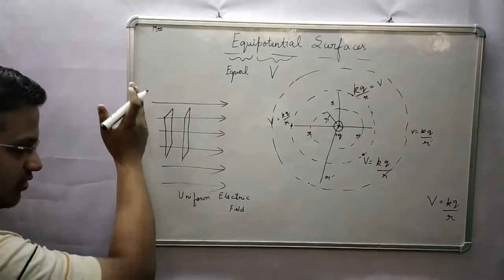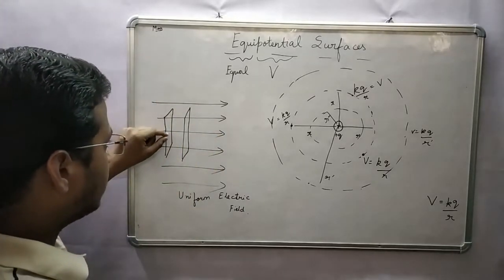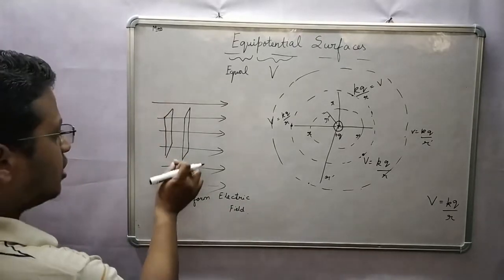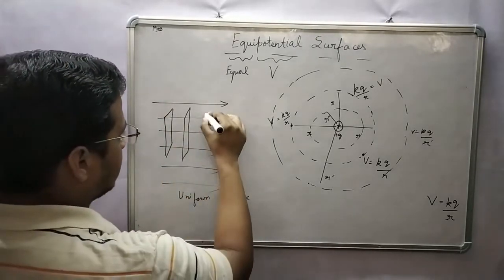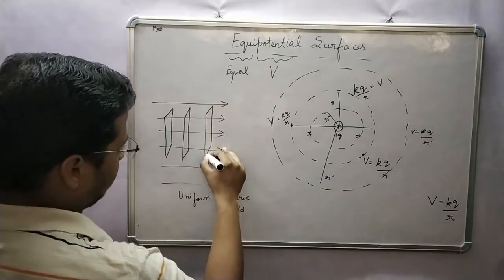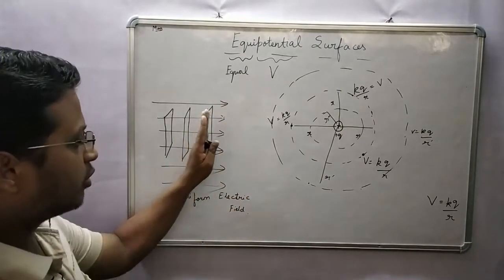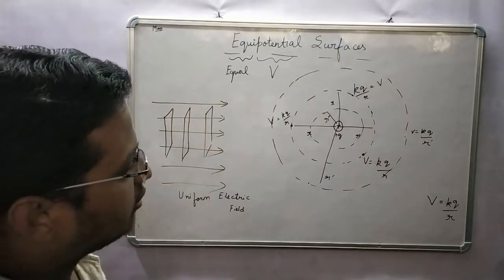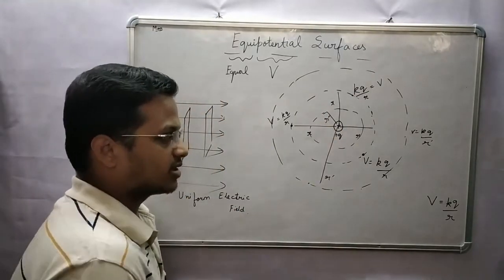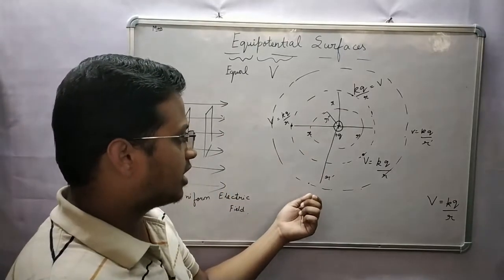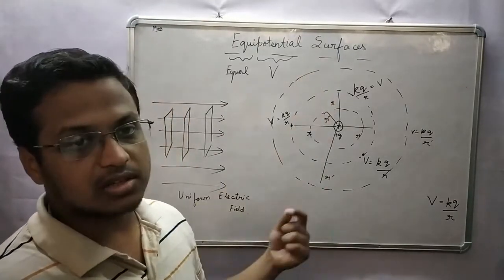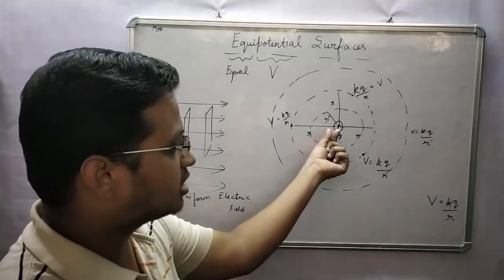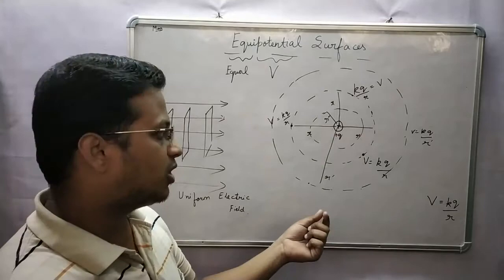This sheet is an equipotential surface. So no matter which point you choose from this sheet, the potential will be same. Here also the potential will be same. Here also the potential will be same. So here equipotential surfaces are in the form of plane sheets. But here they were in the form of spherical surfaces. So to remind once again, these are the surfaces on which potential of a given charge distribution is equal at all the points.